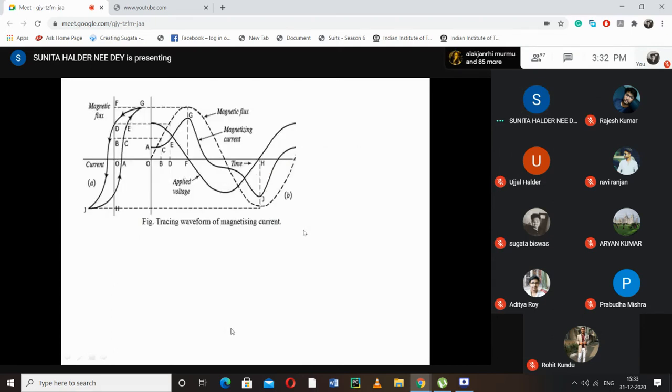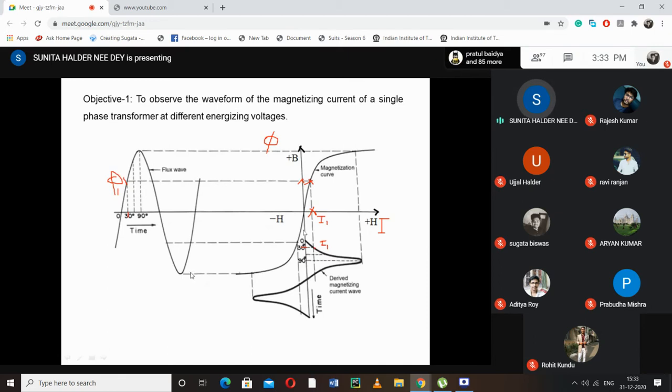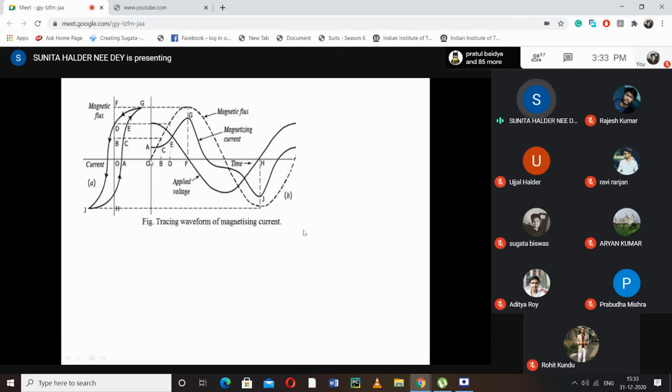Okay. Now, when we apply an AC quantity, then the BH characteristic is actually the hysteresis loop, right? So in the same figure I have drawn in a different way. If this is the magnetic flux shown by the dotted line, sinusoidal, then if we trace in the same way as I have shown here, then we can see the magnetization curve will be like this.